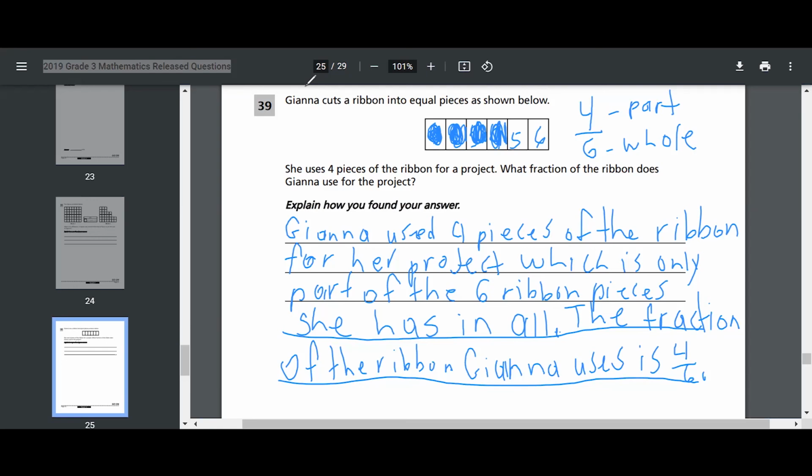Now we're going to clear our board and see what our next question will be asking.